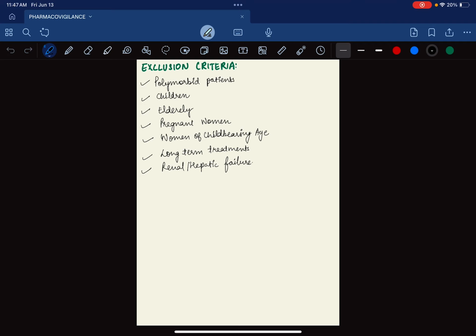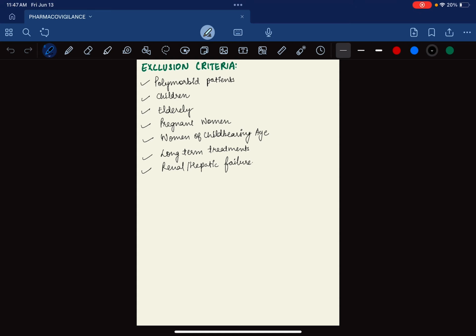For example, we have here polymorbid patients, children, elderly, pregnant women, women of childbearing age, long term treatments, renal and hepatic failure. So, these are the various people, or you can say the population, that is to be excluded during the signal detection because they are vulnerable and therefore they're excluded.